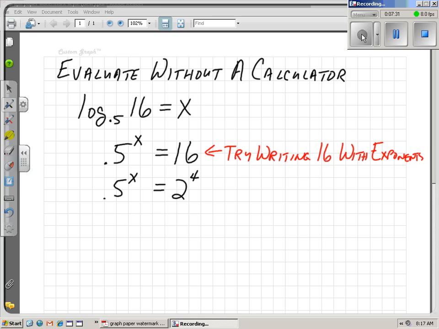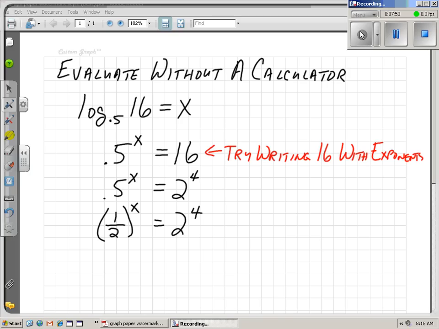All right, we're getting there. I rewrote 16 as 2 to the 4th. Now they both have exponents, but their bases are different. So I've got to figure out a way of making the 0.5 look like the 2 or the 2 like the 0.5. Now I know that 0.5 is 1/2, and 1/2 has a 2 in it, so I'm going to try that. And I'm getting closer.